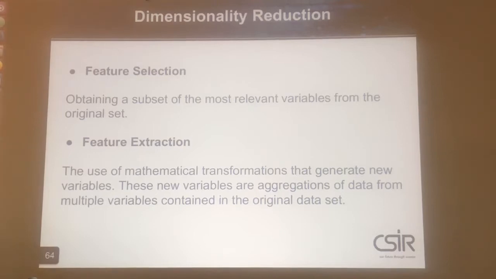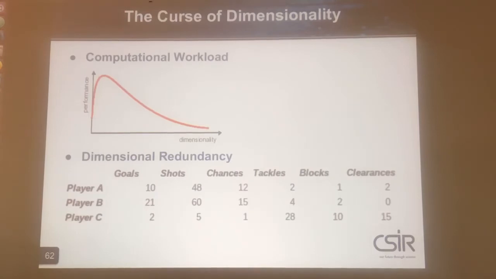So feature selection, all you're doing is you're taking columns directly out of the original data set. So for example, if I go back to this one, let's say all you cared about was the goals and the shots with regards to the attack stat in this case. Then all you do is you just remove the chances column out of your table, okay?